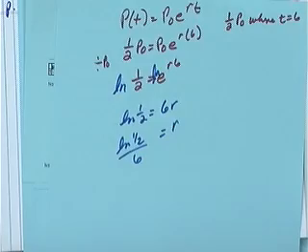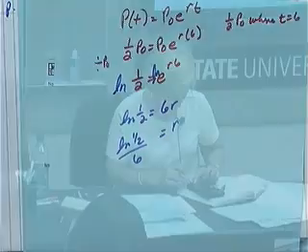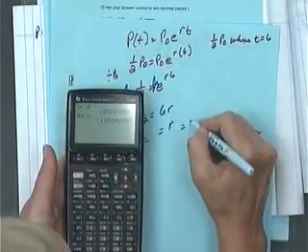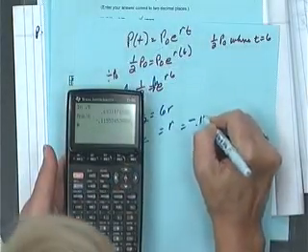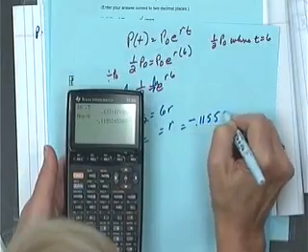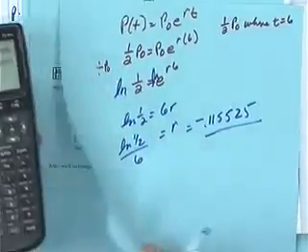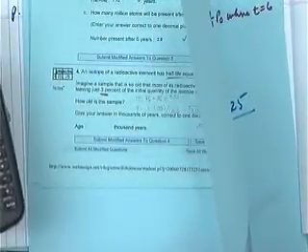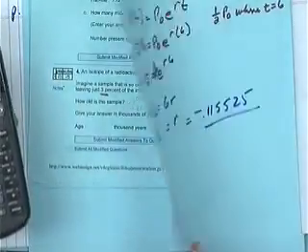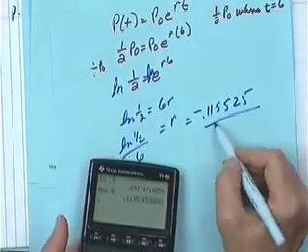Natural log of 0.5, divide that by 6. And so r, which you used as a negative 0.5 incorrectly, is negative 0.115525. I don't know how many places you need to take it so WebAssign is happy. Give your answer in thousands of years correct. I would keep all that for r.